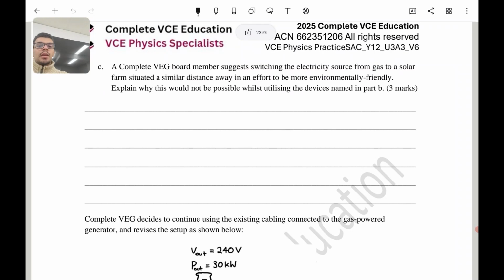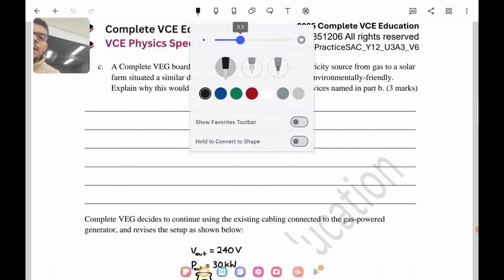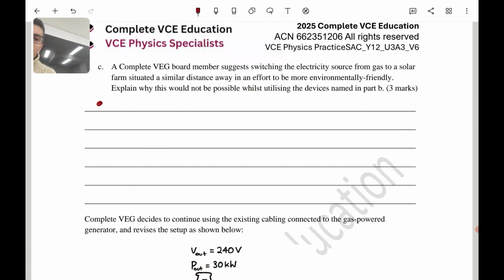A Complete VEG board member suggests switching the electricity source from gas to a solar farm situated a similar distance away in an effort to be more environmentally friendly. Explain why this would not be possible whilst utilizing the devices named in part B. Okay, so solar panels, guys, from the solar farm are really made up of PV cells.